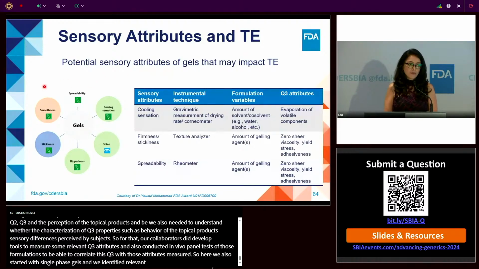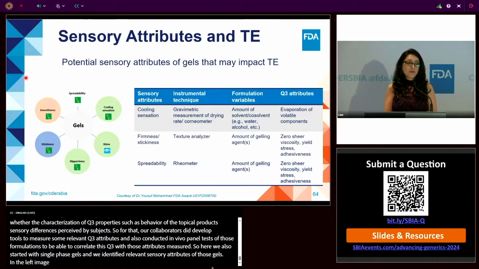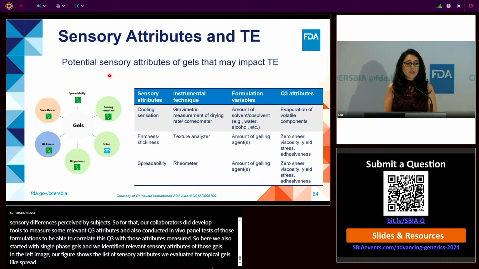The figure on the left shows the list of sensory attributes that we evaluated for topical gels, like spreadability, smoothness, shine, cooling sensation, etc. And we identified which of them potentially could have more impact on therapeutic equivalence.